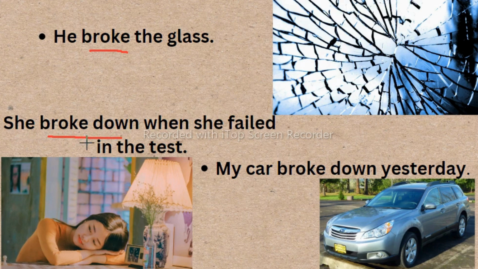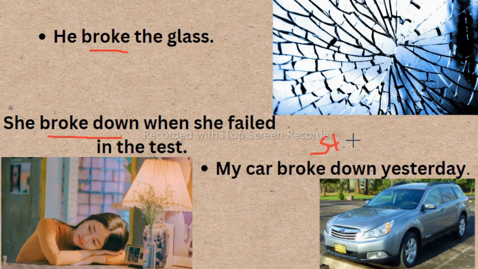She broke down when she failed in the test, which means she is sad or distressed that she failed the test. And here, my car broke down yesterday. The same broke down is used here, but it gives a different figurative meaning, here to stop. My car has stopped yesterday.